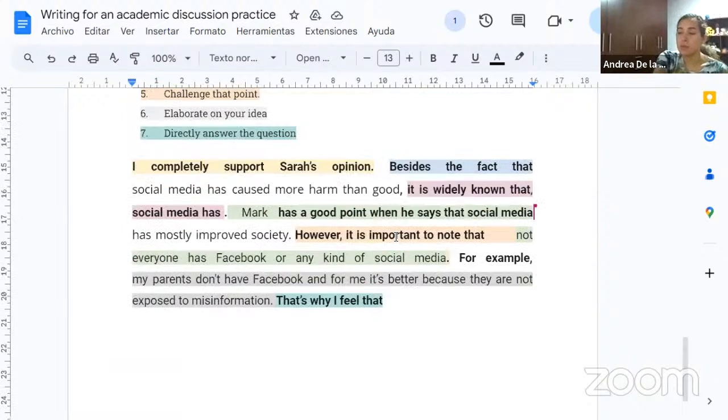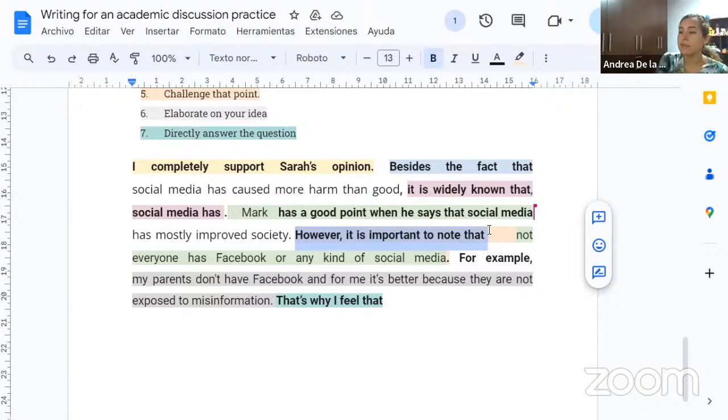And then you have to say, however, it's important to know and challenge that point. So look for something that objects to that idea. So it is true that people are more connected now. However, it's important to know that maybe this connection is also enabling, I don't know, to spread bad things or to spread bad messages, maybe, so that would counter argue what Mark has said.